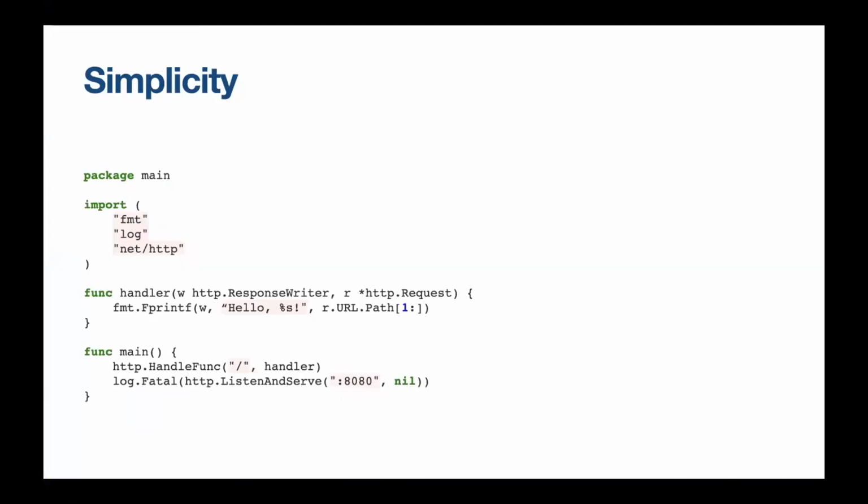So this is just a simple web server implementing a route. If you visit localhost 8080, whatever you give after the root path, it will say hello and whatever path you've given.